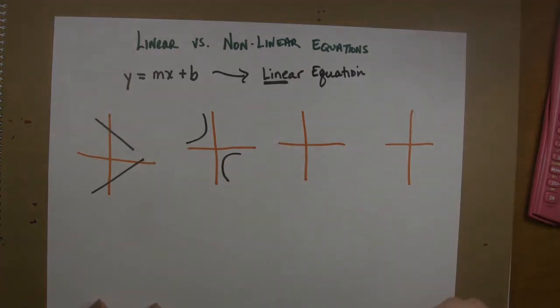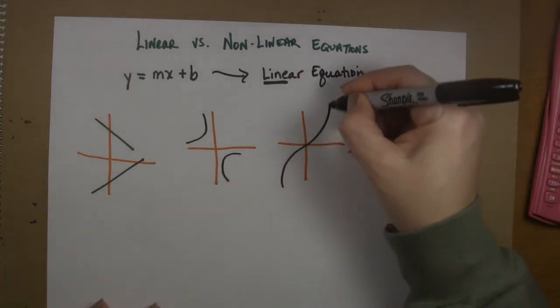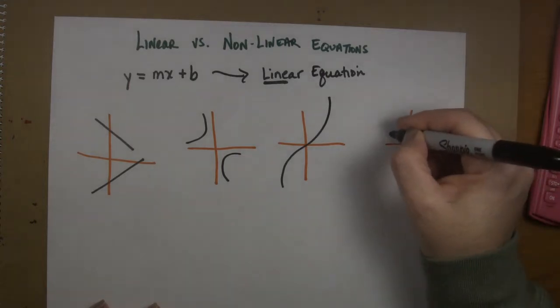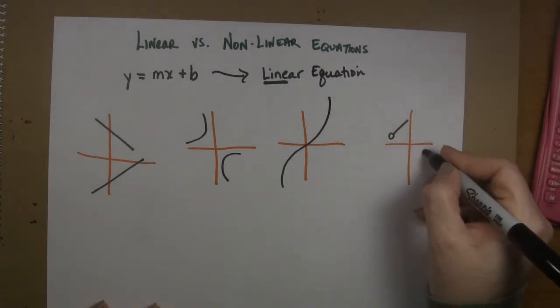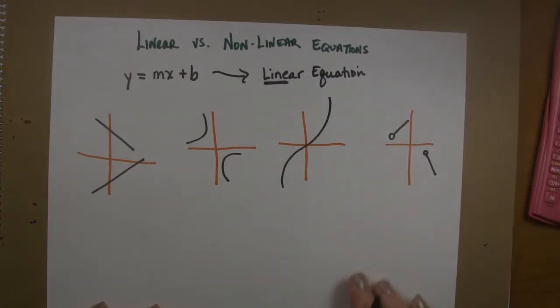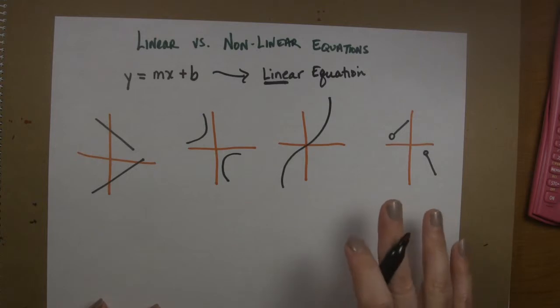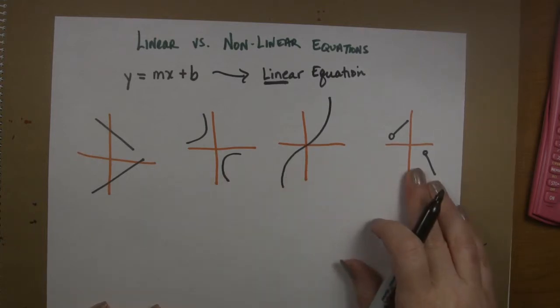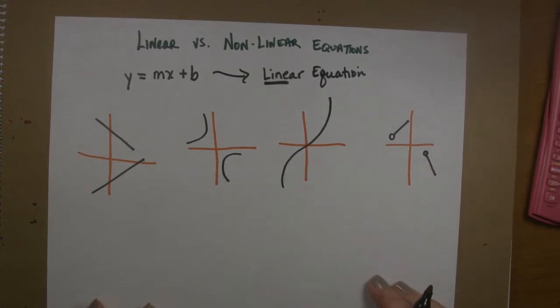That is a legit graph. We can have this. Another legitimate graph. We can even have that type of stuff, where that is one equation. Yeah, some of this stuff you're not going to get until probably calculus. But the point is that graphs can look all goofy like this.